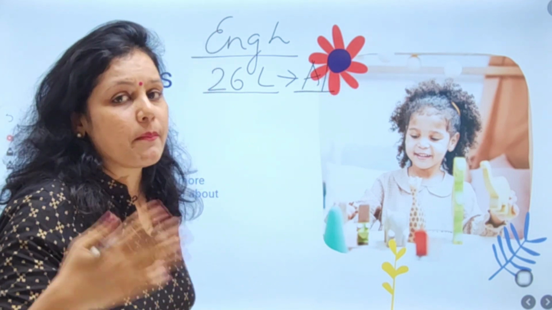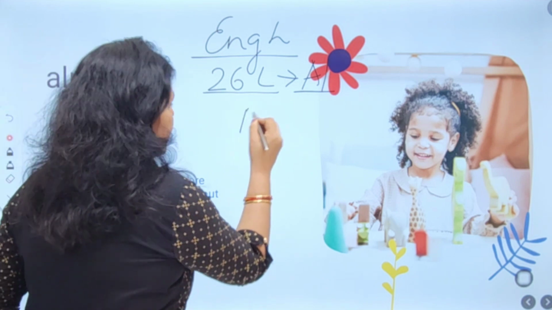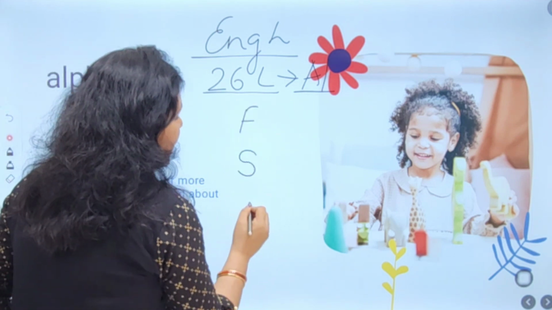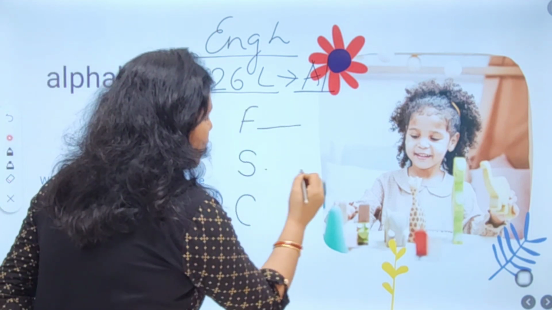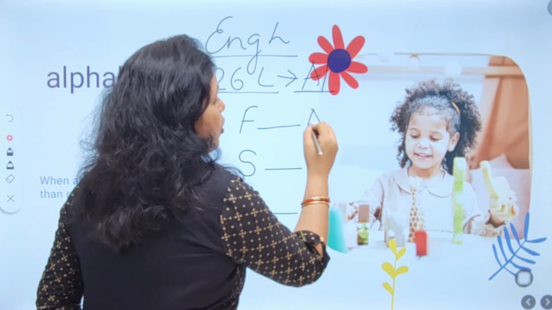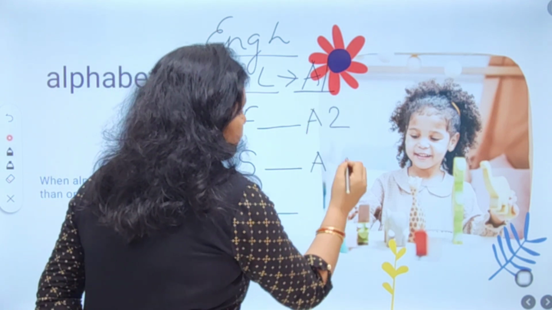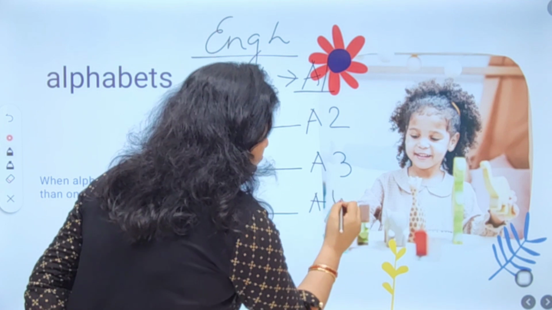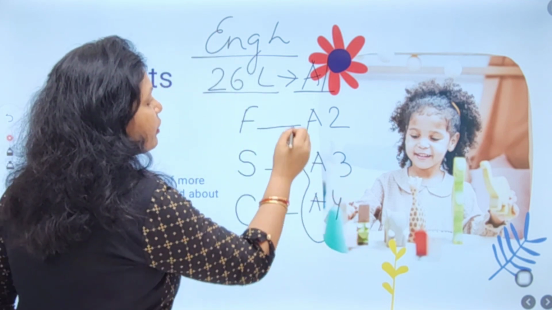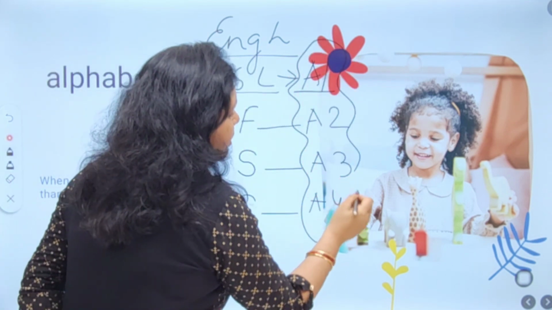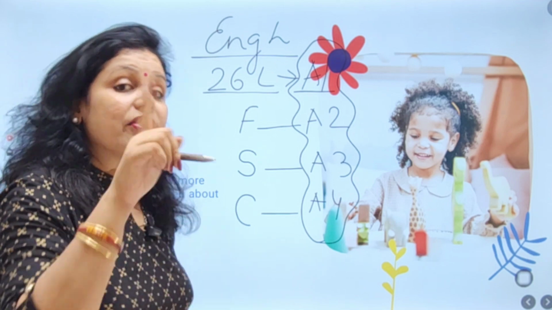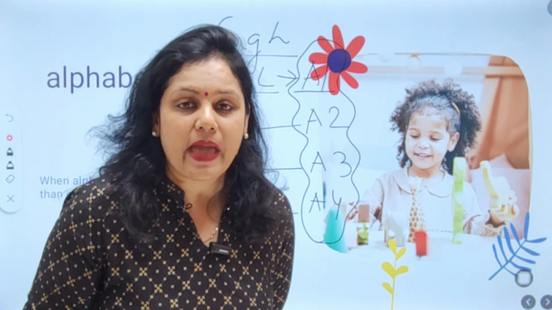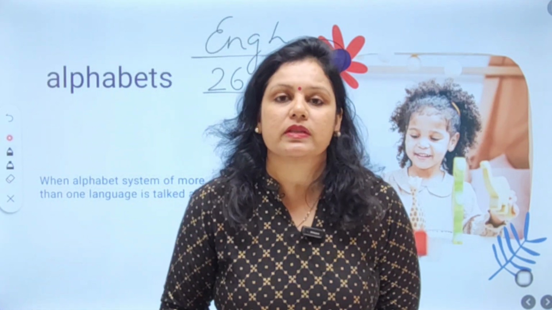Similarly, you might have some other language like French, like Spanish, like Chinese, and they also have their own set of alphabet. So whenever you are talking of the different alphabets available all throughout the world, then they are called alphabets. So please remember this.